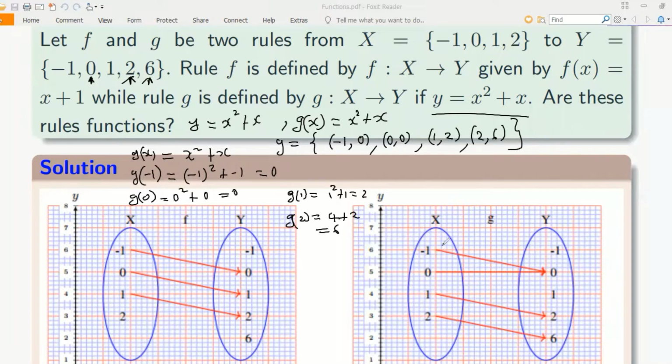So by arrow diagram, we can have -1 assigned to 0 here, 0 assigned to 0, 1 assigned to 2, and 2 assigned to 6. So that means that G is a function.